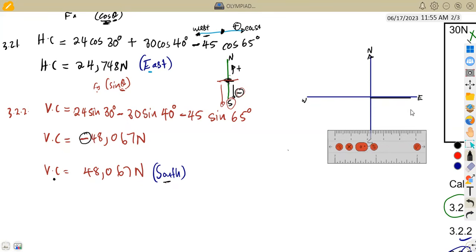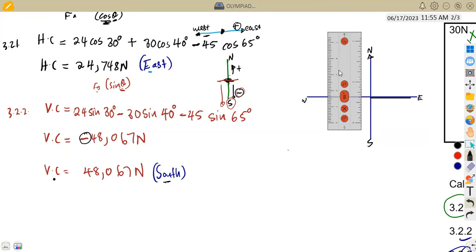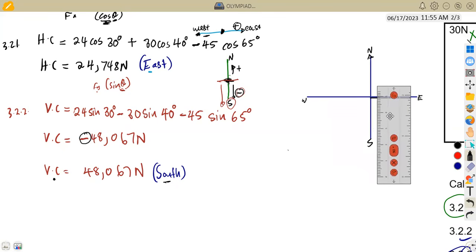So at this point, we are going to have our vertical component going down. So we're going to have our triangle like this, with the vertical component going down. It's a negative. So this is your horizontal component and this is your vertical component. At the end, definitely, we are supposed to join these 2 points to have our resultant. So this is representing your resultant.